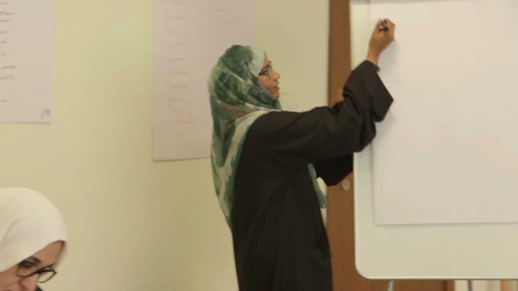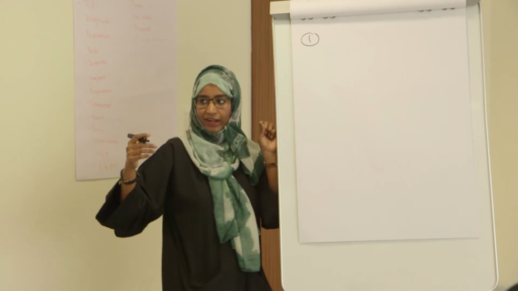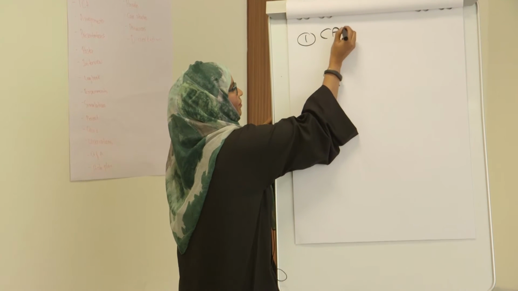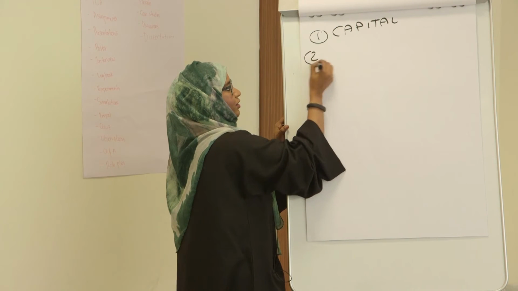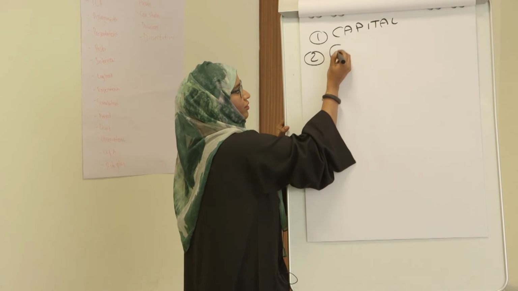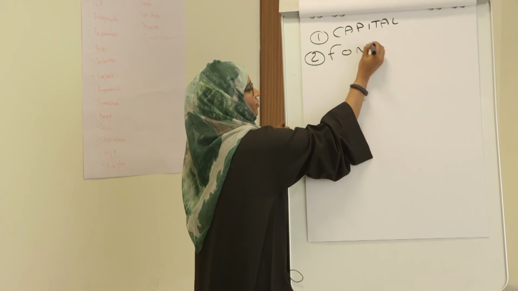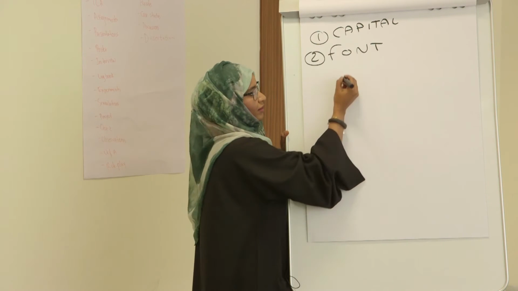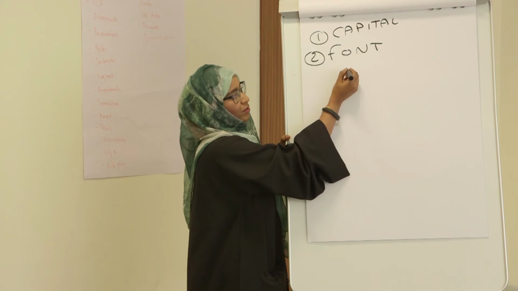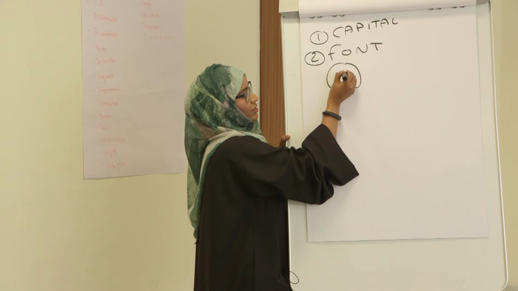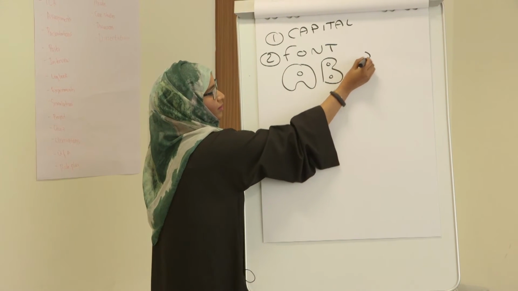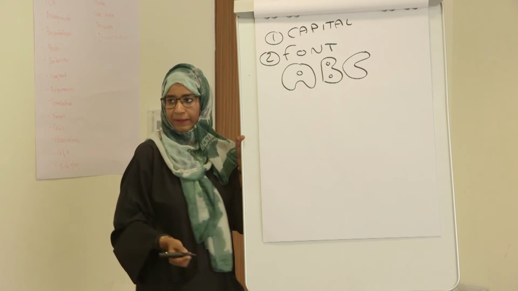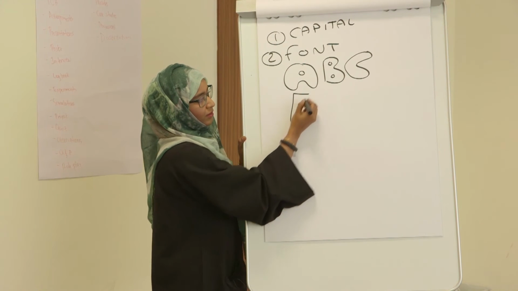Okay. So the first rule for writing is capital letters. The second one is the font. Using capitals and different fonts. For example, we can use the bubble style as Kifah used, and then we have the blocks.